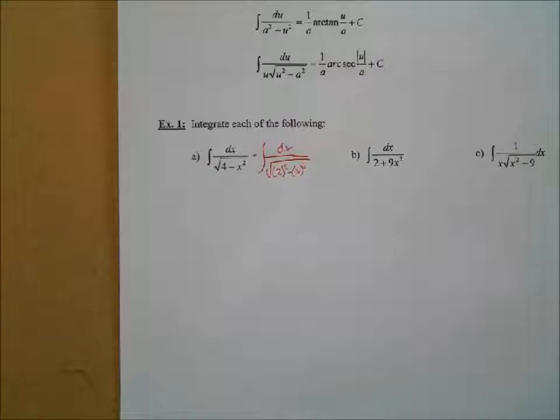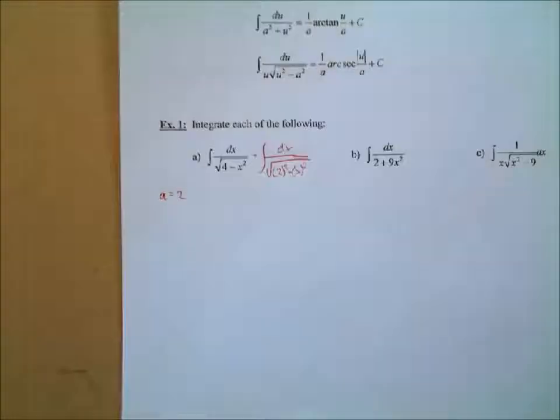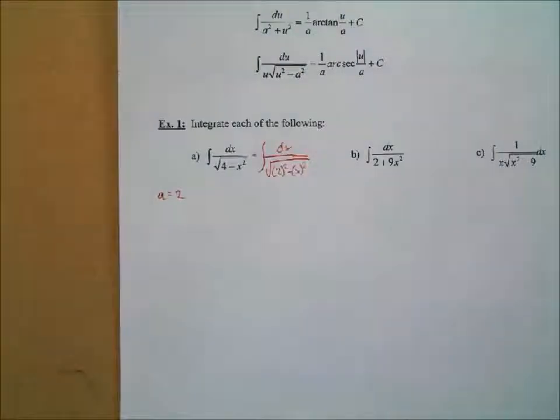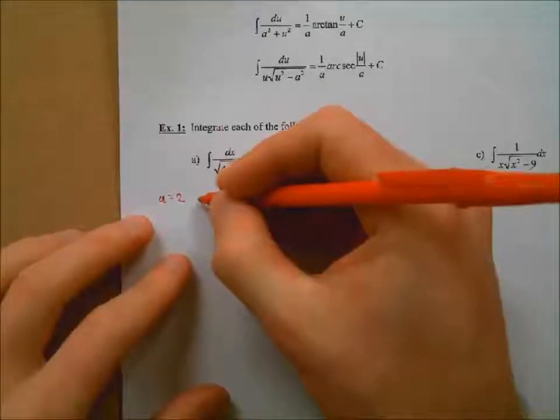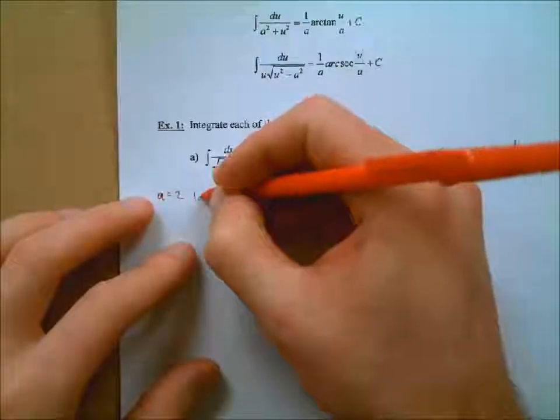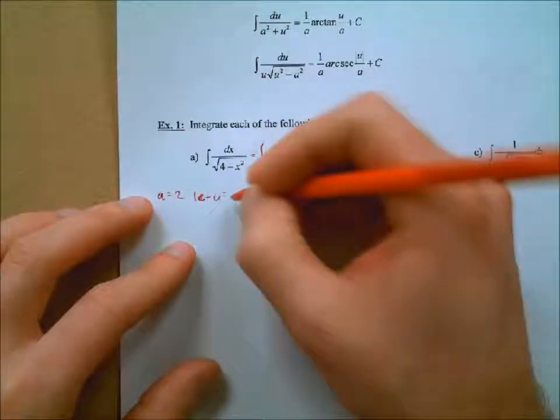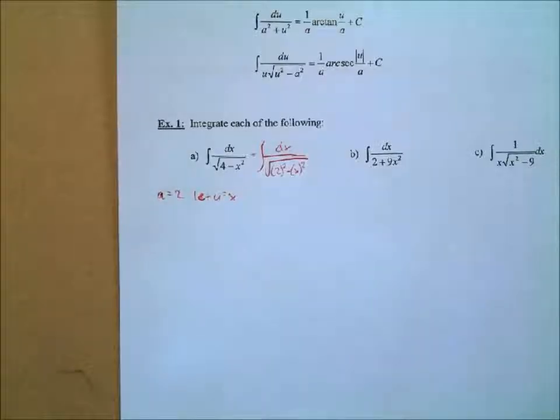Maybe even say, okay, a is 2, just to have that in your mind. If you have your antiderivatives down, writing out a is 2 can be helpful for organizing your thoughts. Likewise, let u equal x in this case, because that's the thing that's being squared.